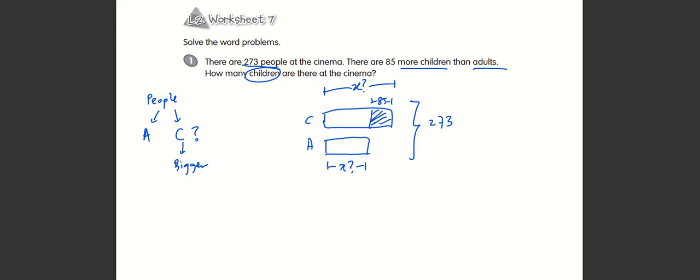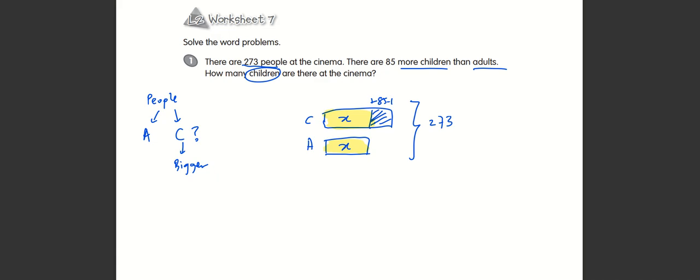So just like how we do model drawing, I can see that this is a repeated unit here, and this is a repeated unit. So I probably like to choose to express adults as the X instead. So I will choose to put that X be the adults, because you can see it's repeated.